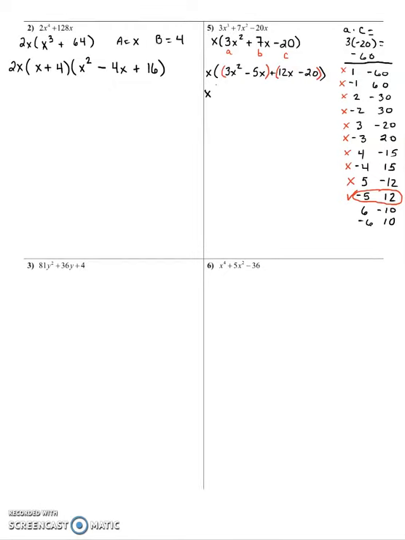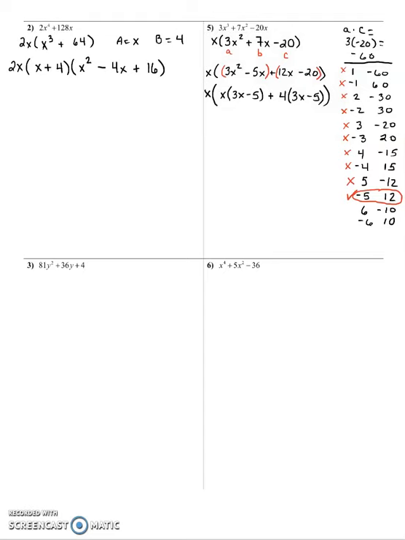So from the first two terms, we can factor out an x, and that leaves us with a 3x minus 5. From the second two terms, we can factor out a 4, which leaves us with a 3x minus 5.